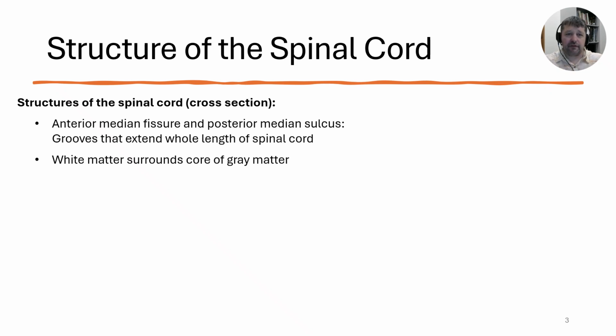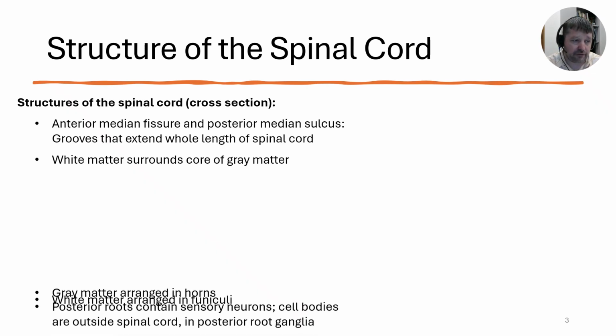Remember, in the brain, the outer surface is gray matter and the inner surface is white matter. The inner part of the brain is where you find your myelinated axons, and the outer surface is where you find your cell bodies, your somas, and dendrites. Well, the opposite is true for the spinal cord. The inside of the spinal cord is where you find the gray matter, the dendrites and cell bodies, and the axons are on the outside.